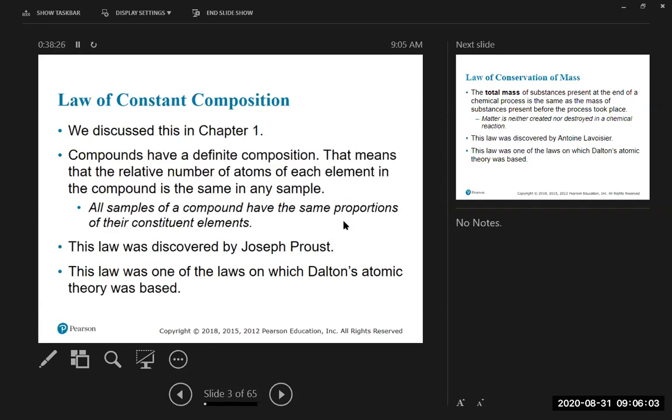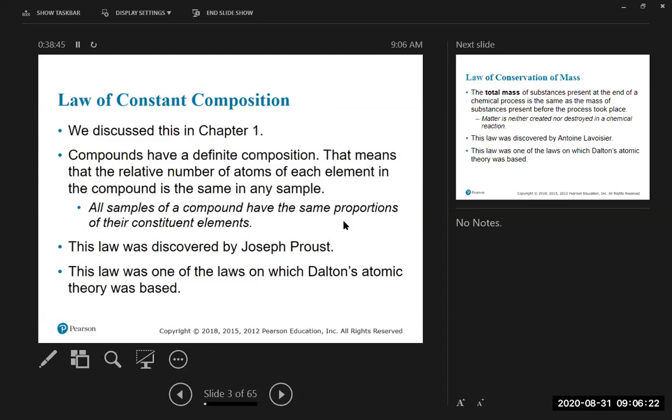So does anyone remember what this constant composition law was? Well, we said that if you have a particular compound, and let's take water for instance, we all know water is H2O.